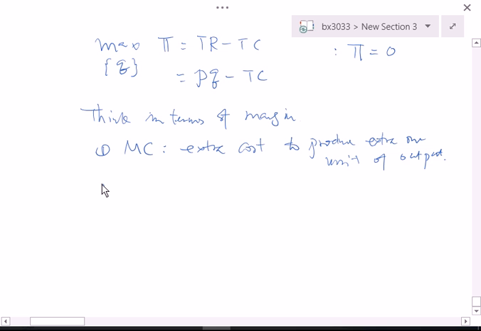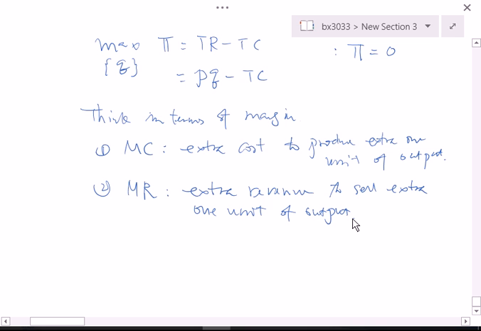Second tool we need is called marginal revenue. So it's the extra revenue to sell an extra one unit output.